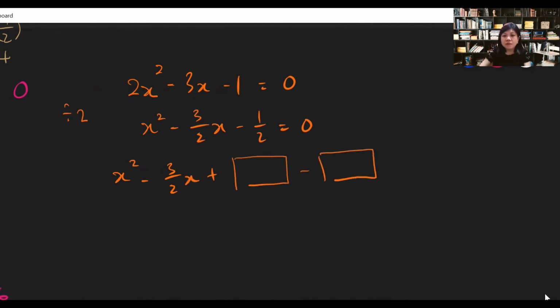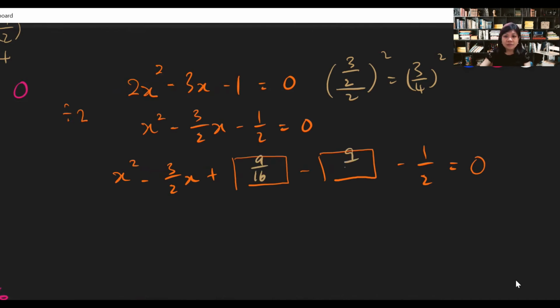I want to draw the boxes here to remind myself that you need to plus and minus something. Again, what is it that you need to plus and minus? That would be the b. The b here in this case is 3 over 2, divided by 2 and squared. So 3 over 2 divided by 2 will be 3 over 4, and squared, sorry, 9 over 16, and 9 over 16. So this is what we're going to have.